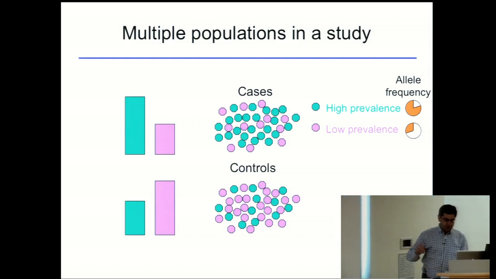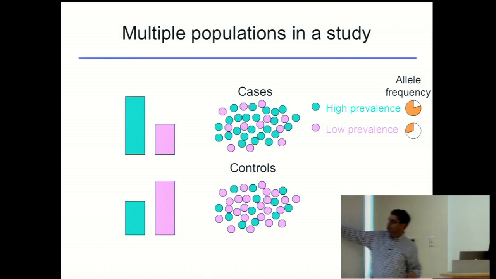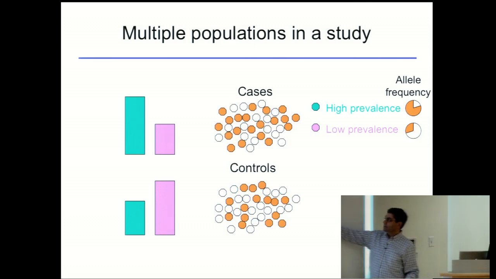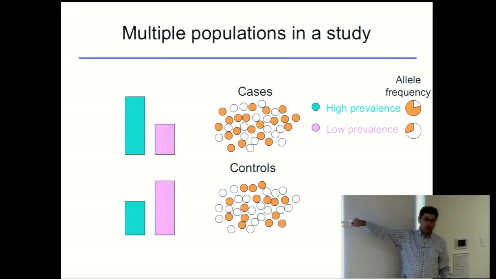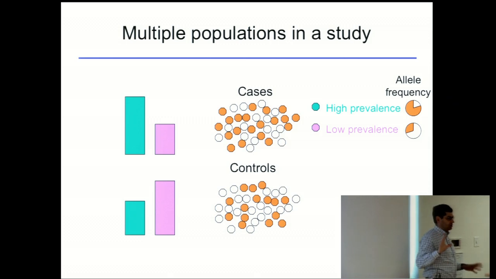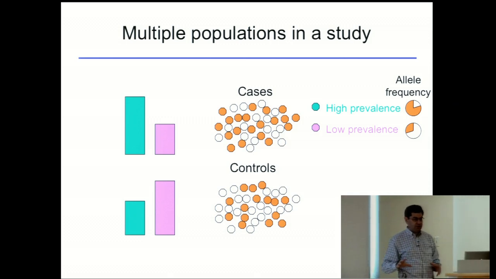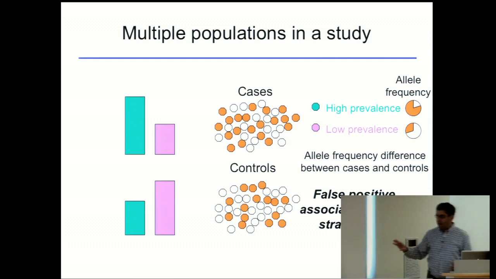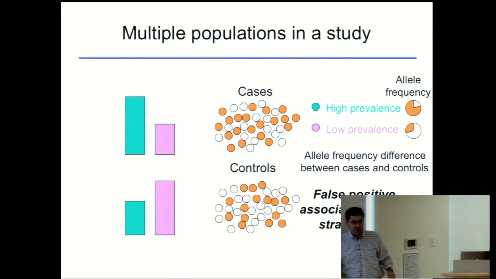And so for these markers, the orange allele, which is common in the green ancestry, will look like it's associated with disease, but really this orange allele is just a marker telling you that you didn't match your cases and controls properly by ancestry, and that there's more green ancestry in the cases than in the controls, and the orange allele is just a readout of that ancestry. And so this false positive association is due to stratification.